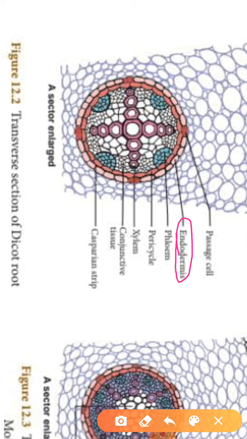It is the innermost layer of the cortex.